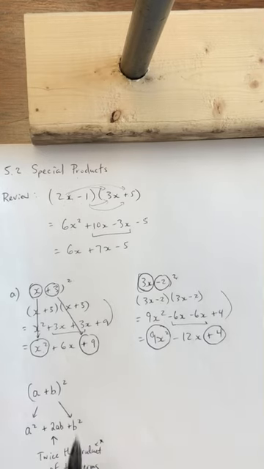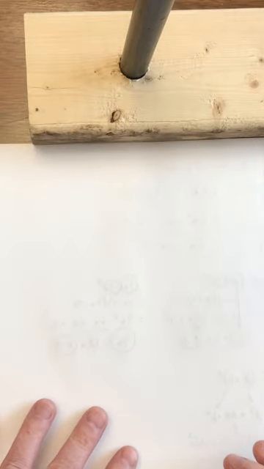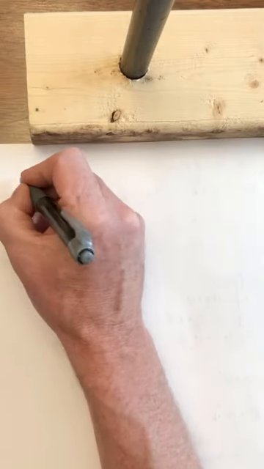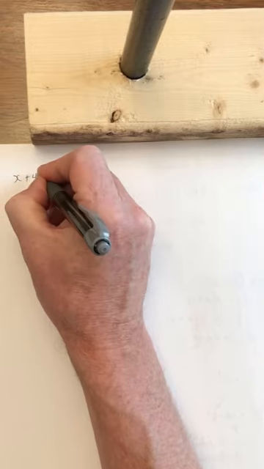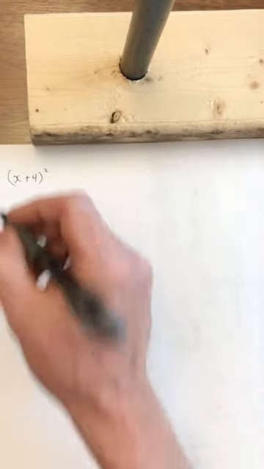So let's go through a few examples where we can practice doing this. So x plus 4 squared. You can FOIL this out and get the answer. Once again, I'm showing you this and I want you to practice this because it's going to help you when we get into factoring going the other way.